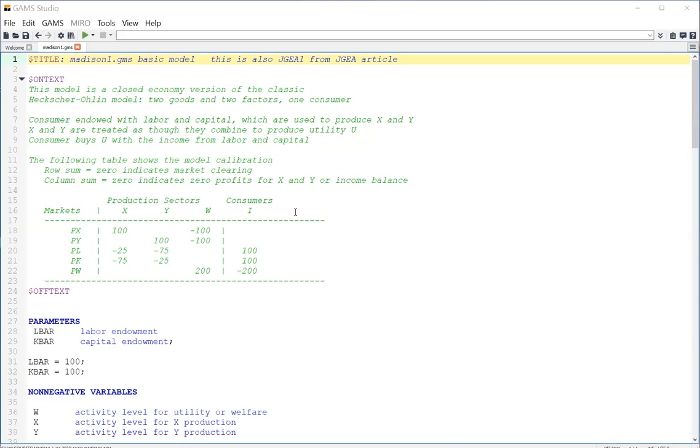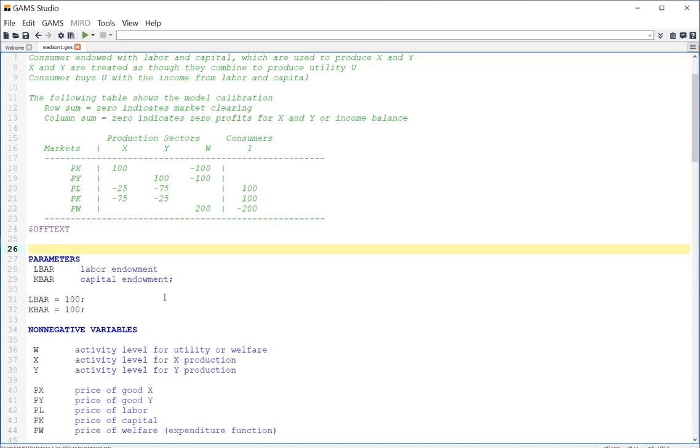That gets inconvenient if you have a whole block of text, so you can use the command I have here: $ontext, and at the end you say $offtext. Then you can edit and rearrange it without having to keep moving stuff and having stars in the first column. It's just convenient if you have a block of text, and that is simply ignored by GAMS. It will be printed in the listing file, but it's ignored.